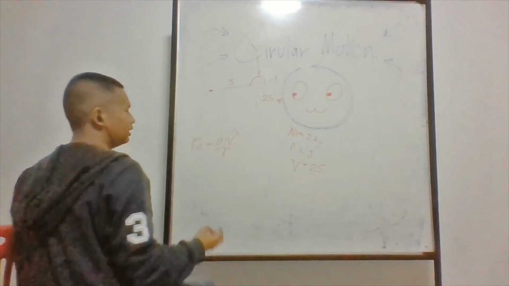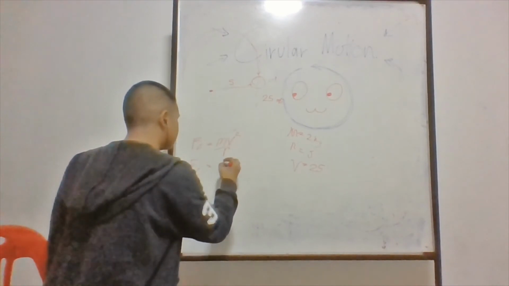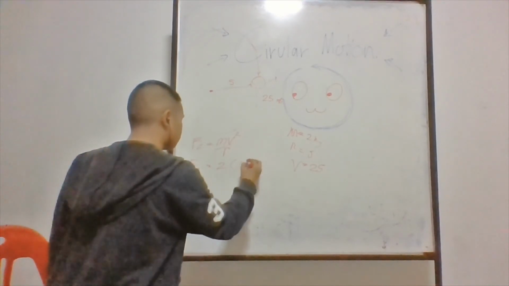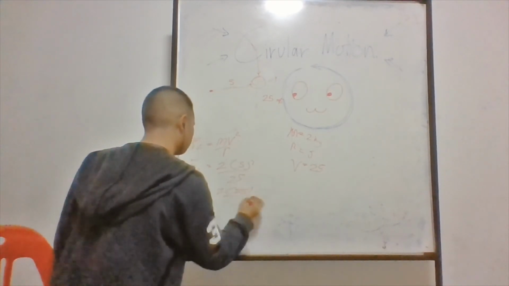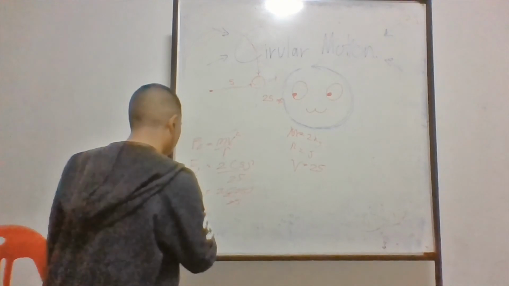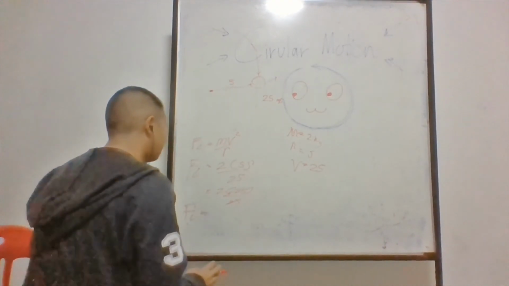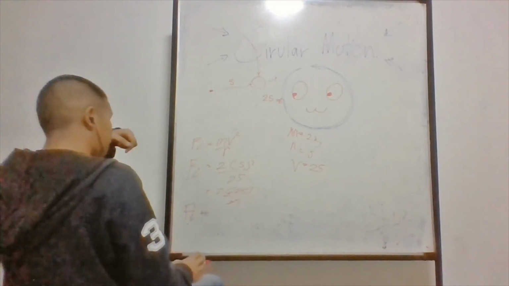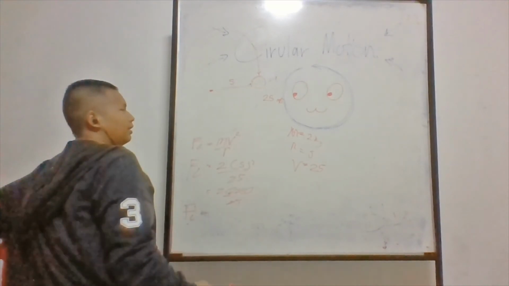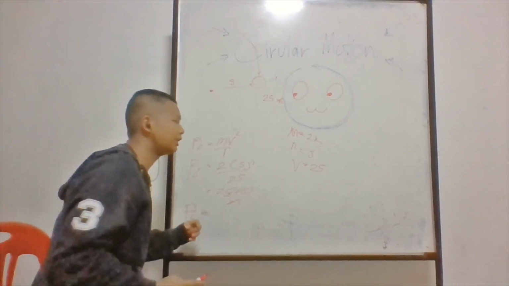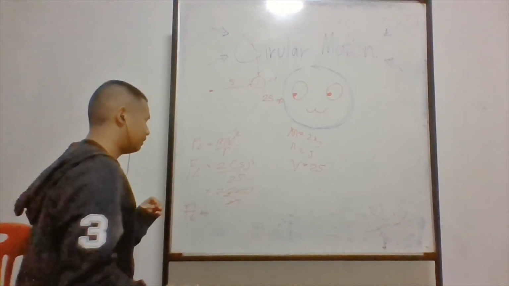Now let's calculate this. The centripetal force used in swinging the 2 kilogram stone with a 5-meter long sling at 25 meters per second is 2.